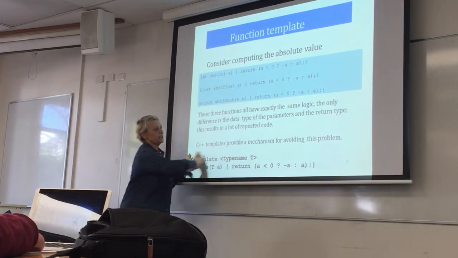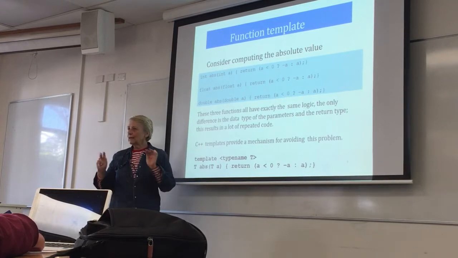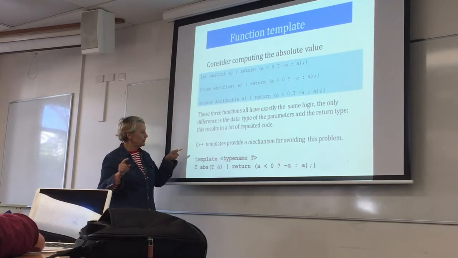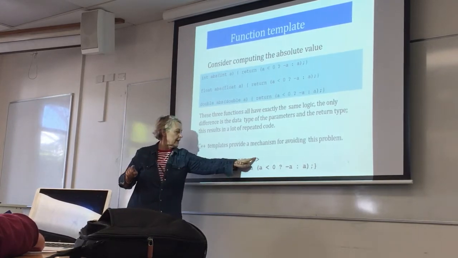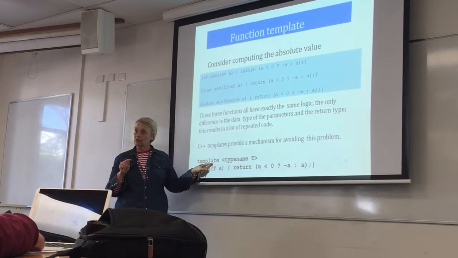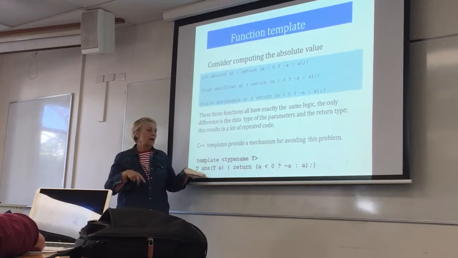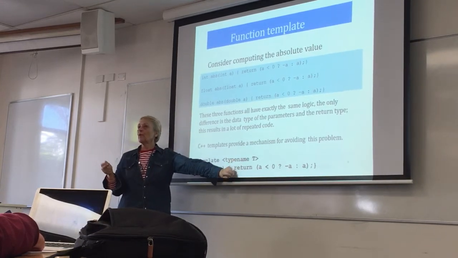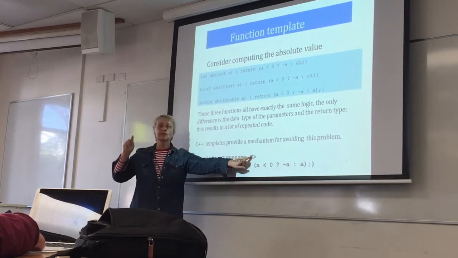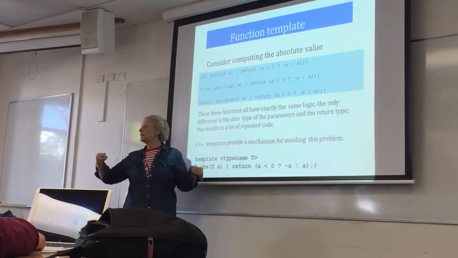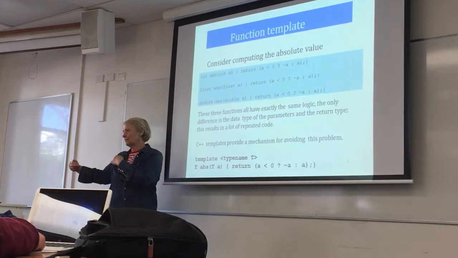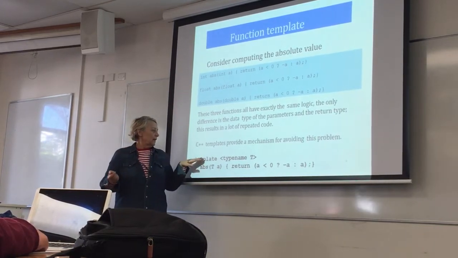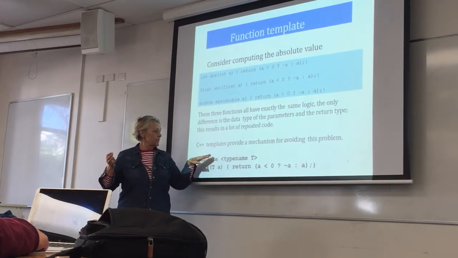So if we look at this function, what is important to notice? We put this prefix template to let the compiler know that this is what we call a generic function, where the type is to be decided at the calling point. We will see how this happens.